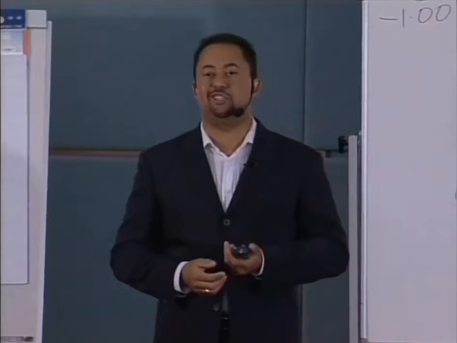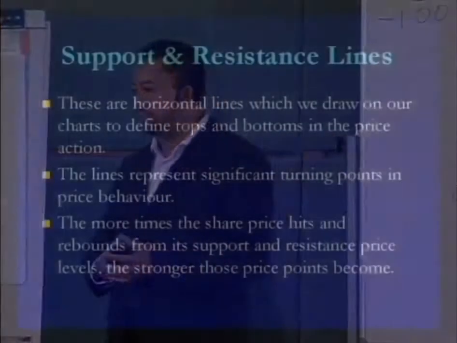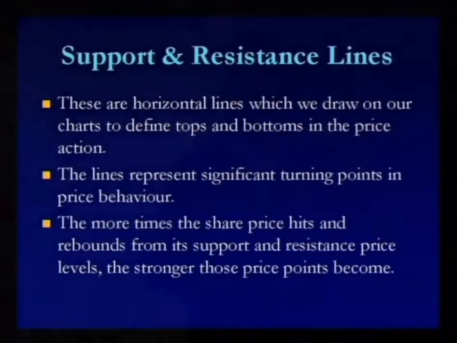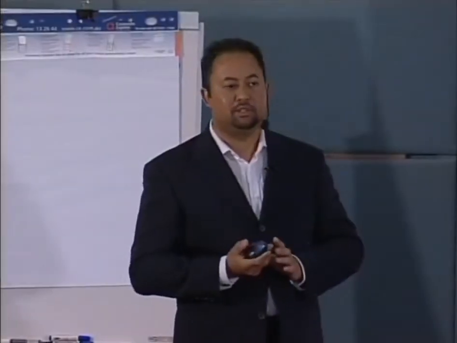If people are more eager to sell than other people are to buy, share price will go down. Okay, so these lines represent significant turning points in price behaviour. The more times the share price hits and rebounds from its support and resistance price levels, the stronger those price points become.